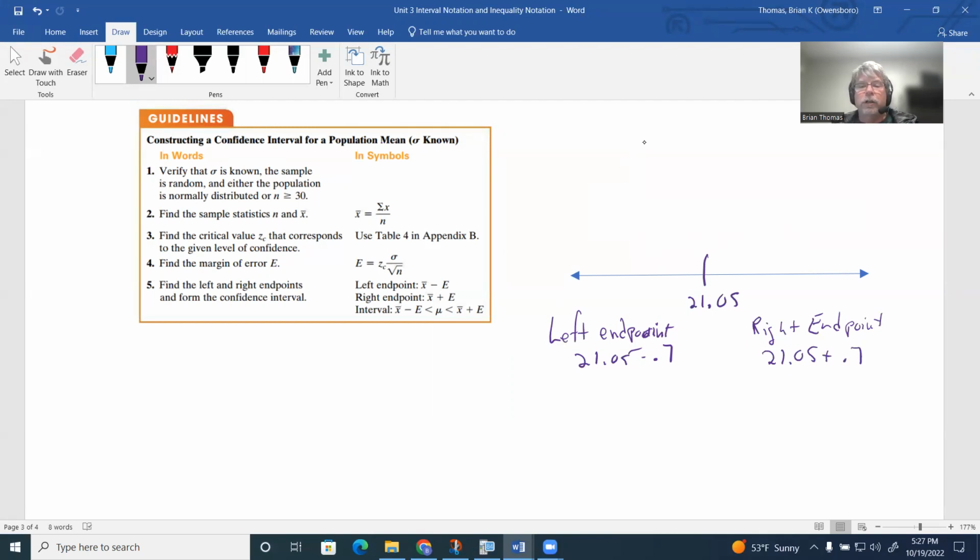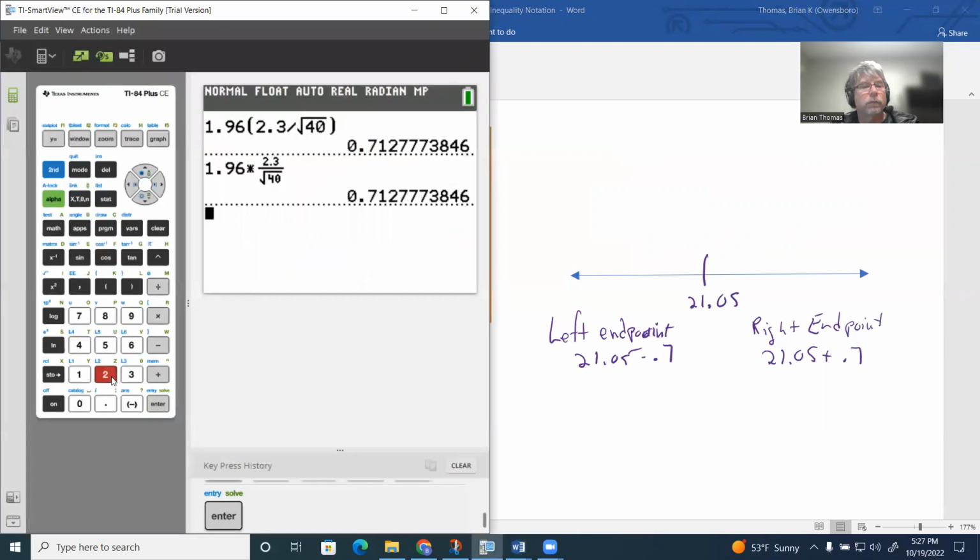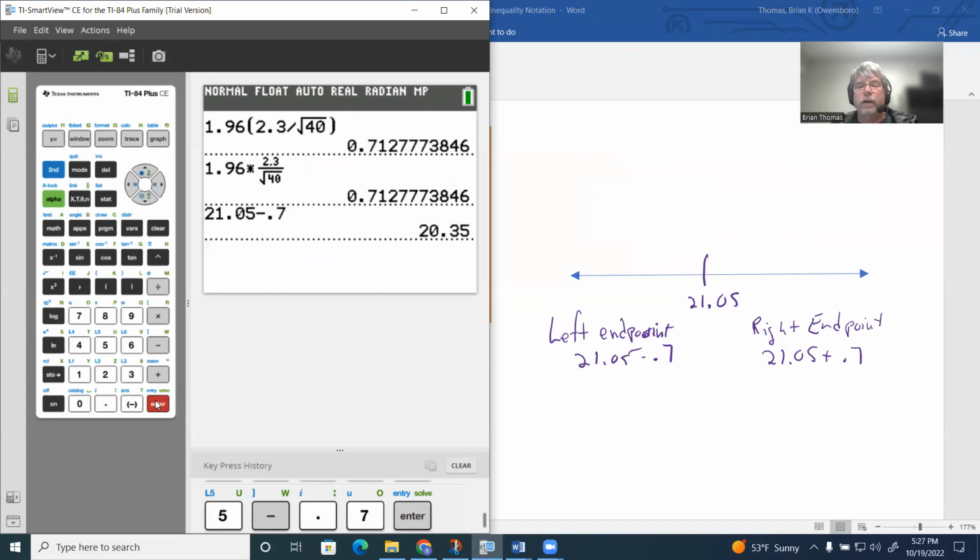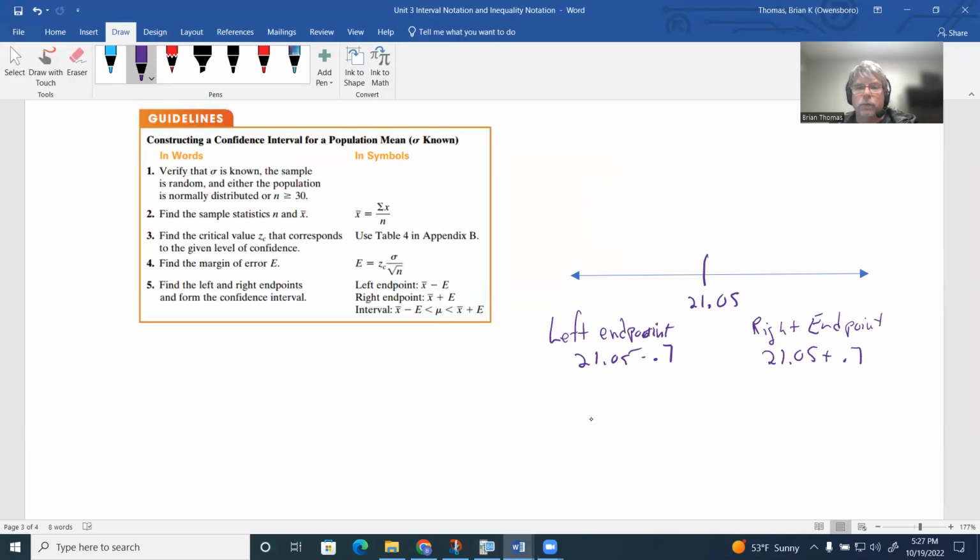Subtraction is not as easy, so I'm going to go ahead and use the calculator for that. 21.05 minus 0.7 gives me 20.35. And then 21.05 plus 0.7 is just going to be 21.75.